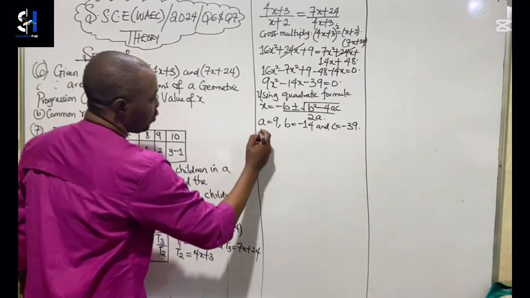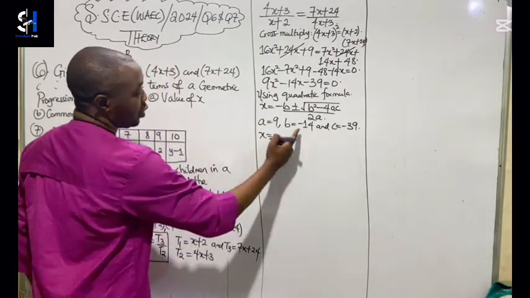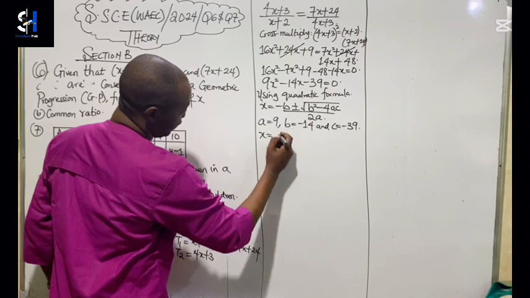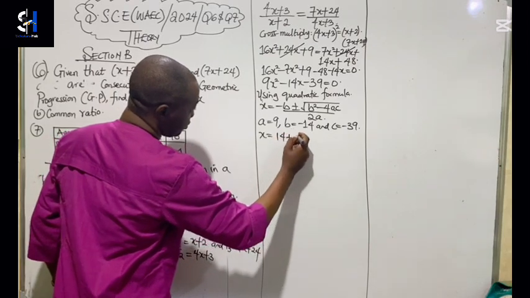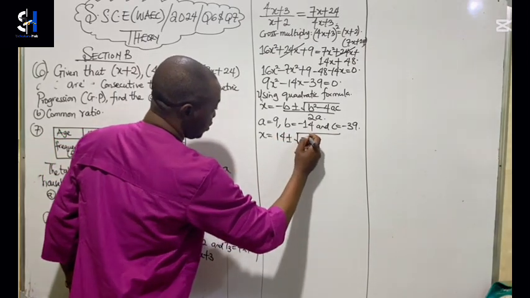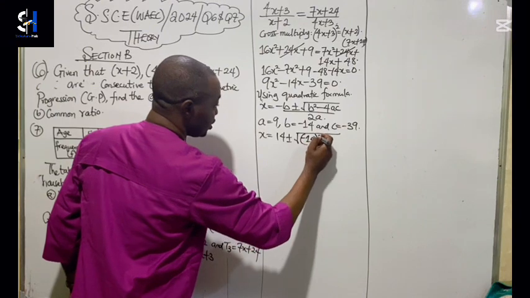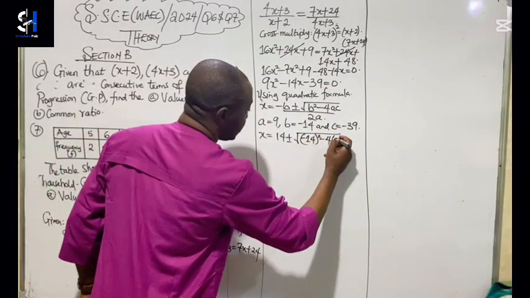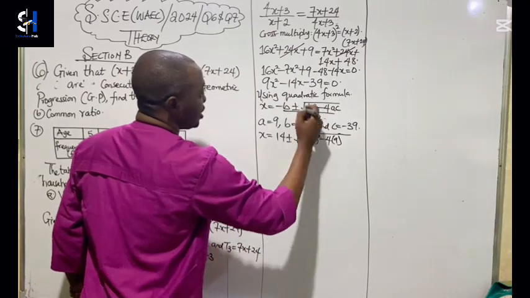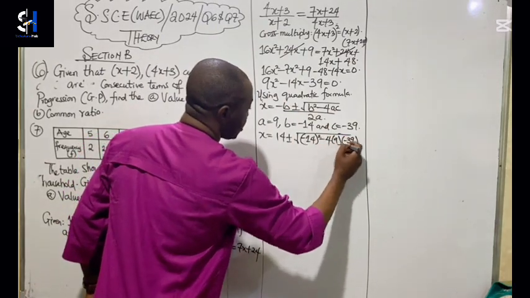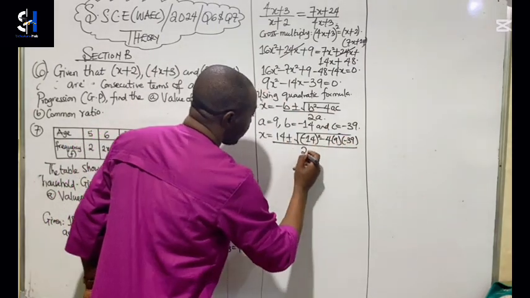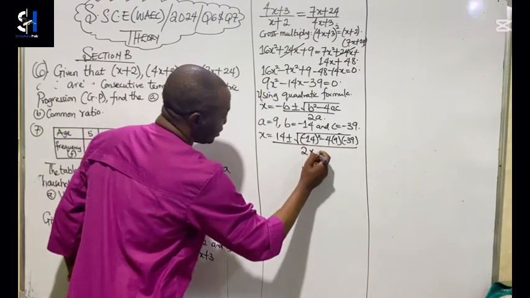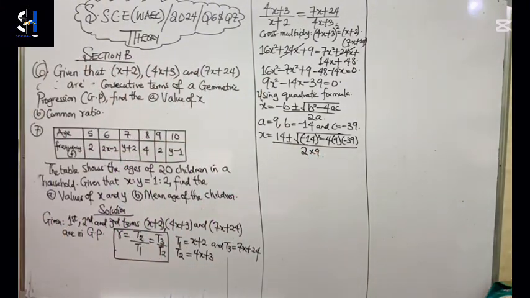So x is negative minus 14, that is 14, plus or minus the square root of minus 14 squared minus 4 times 9 times minus 39, all over 2 multiplied by 9.